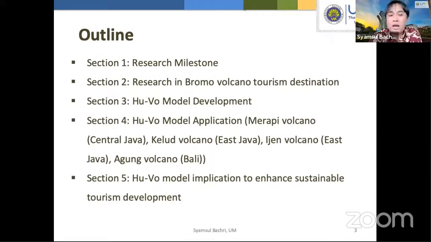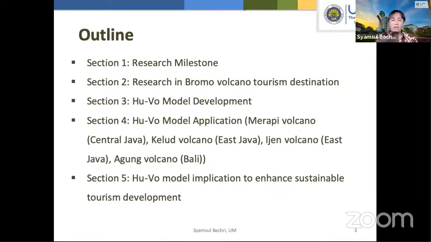Section 3, how our research team developed these models from our field survey. Section 4, about the UFO model applications. From Bromo, we developed it, then applied it to Merapi volcano in Central Java, Kelud volcano in East Java, Ijen volcano in East Java, and Agung volcano in Bali.